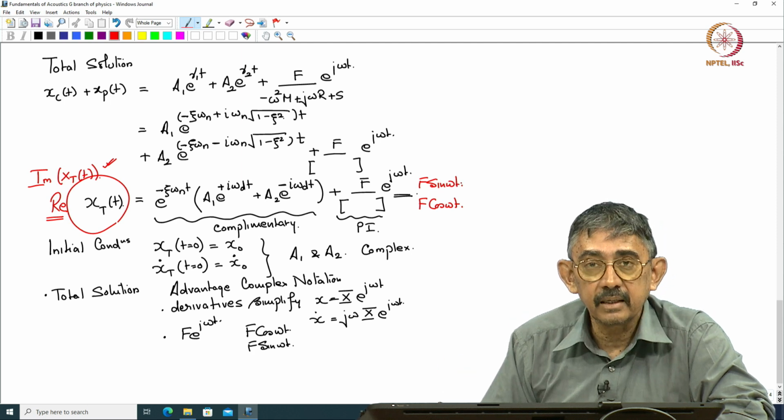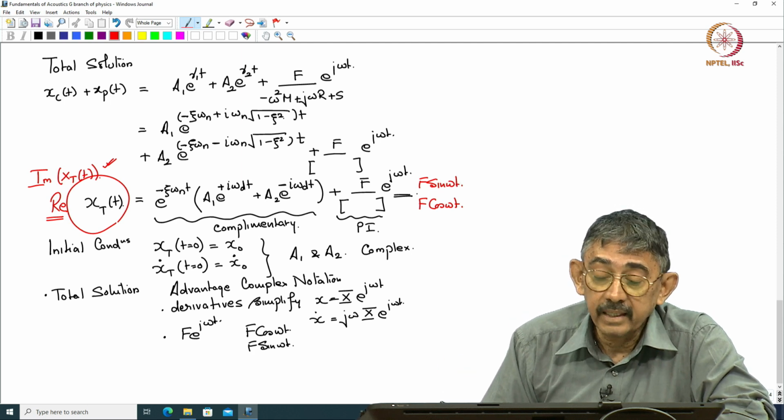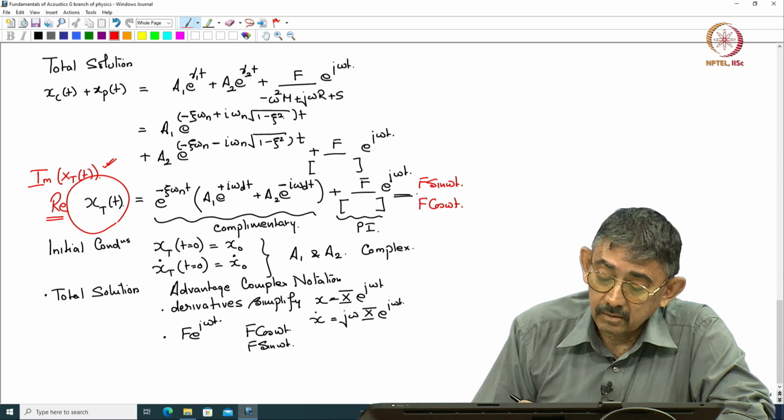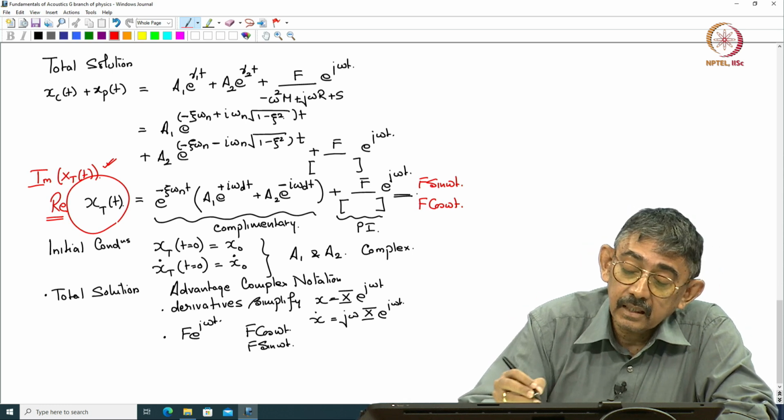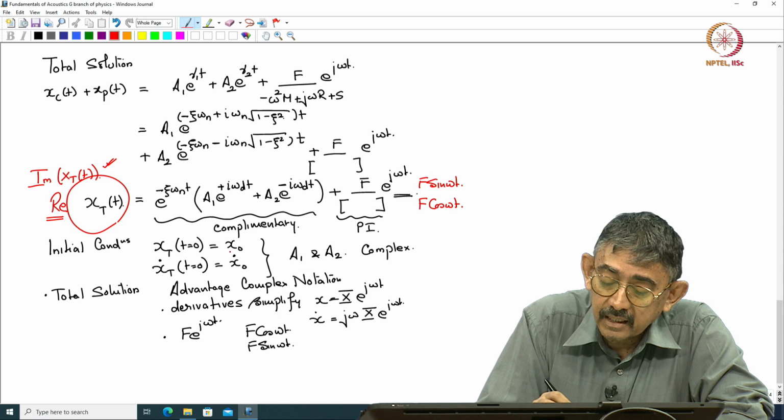So I get a dual benefit in one shot. The only caution is that you have to give the initial conditions, right.